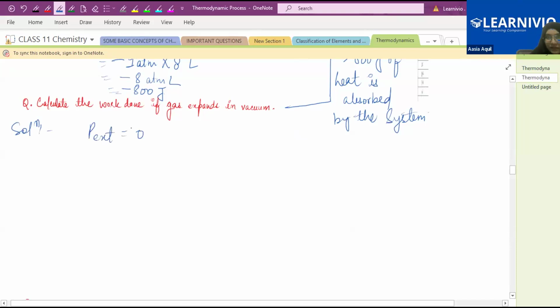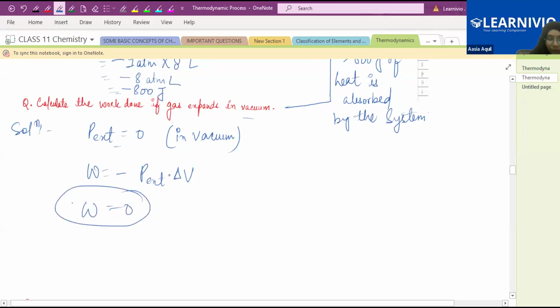In vacuum, P external is 0. You know the formula, W is equal to minus P external into delta V. Just put the value and you will get 0. Because P external is 0, when you multiply it by delta V, it will also become 0. So W will become 0.